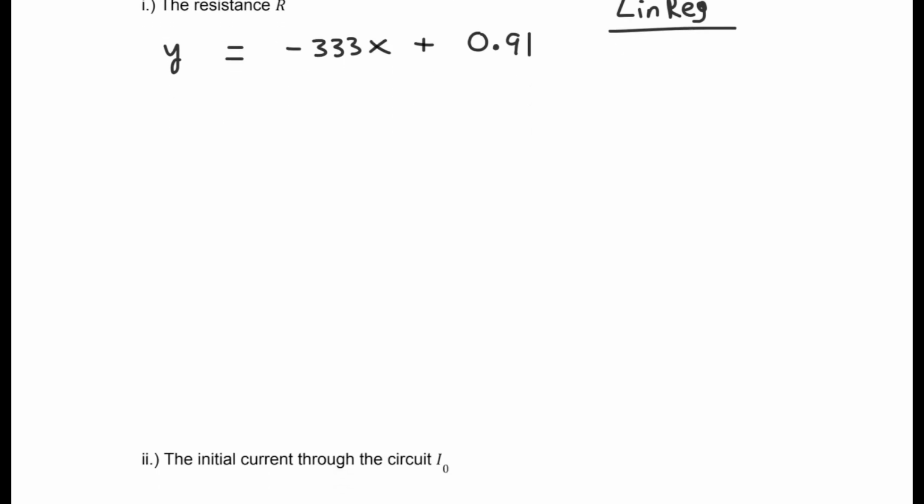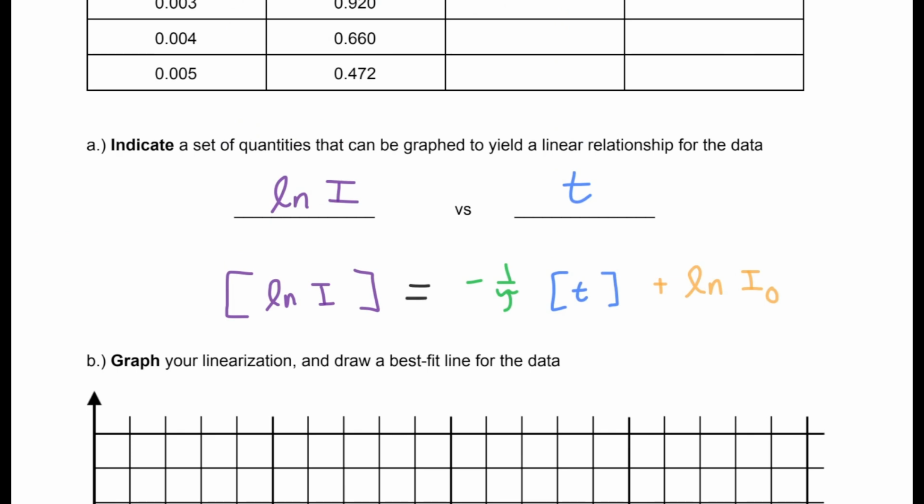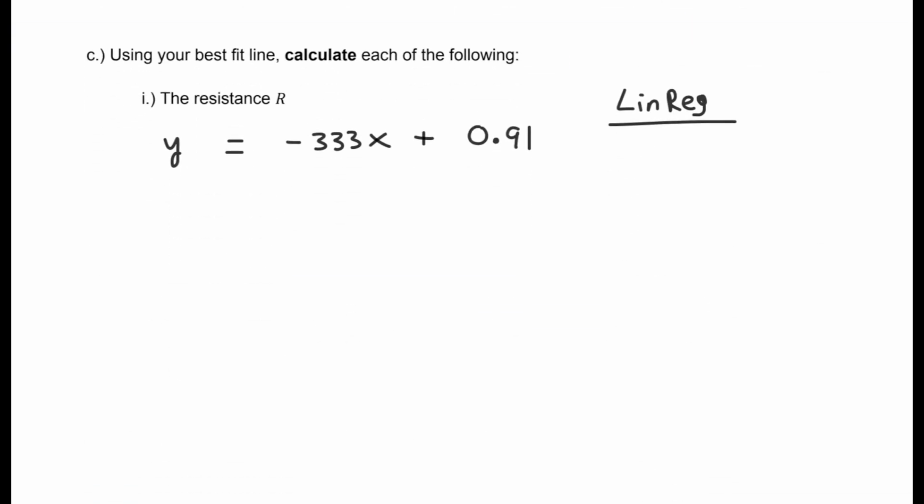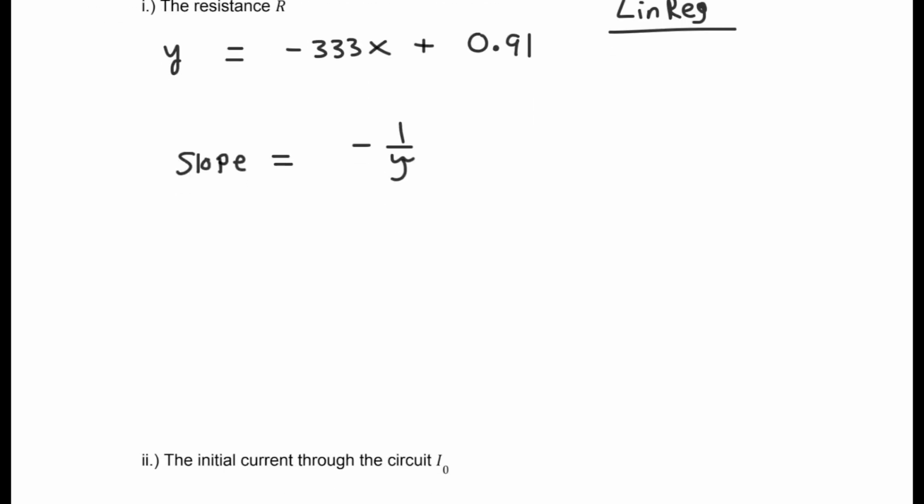But then based on our model, we said that the slope was equal to negative 1 over tau, which means that the time constant of the circuit is just going to be equal to negative 1 over the slope.